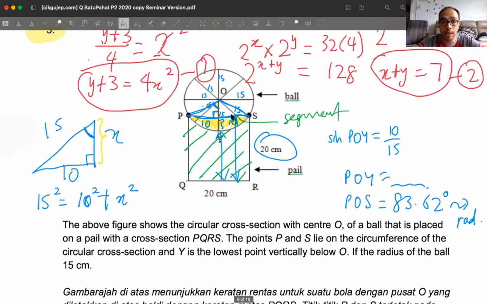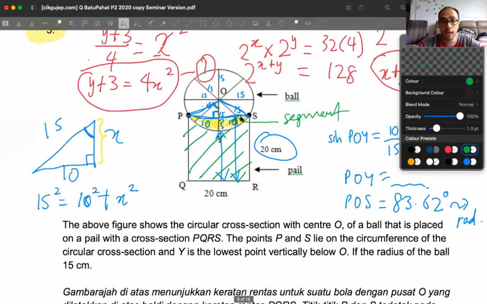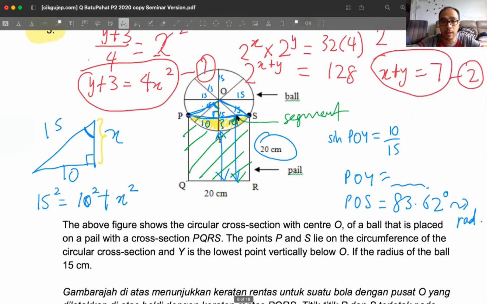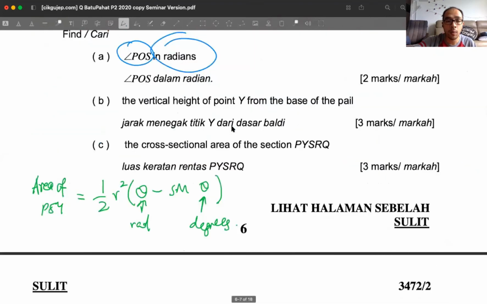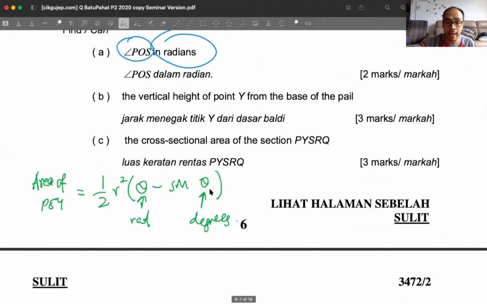Sebab this blue color line, siapa ingat, what is this blue color line called? This blue color line is called a chord. So when you have a chord over here and then you have this segment, the area of the segment is 1 over 2 r squared (theta minus sine theta).